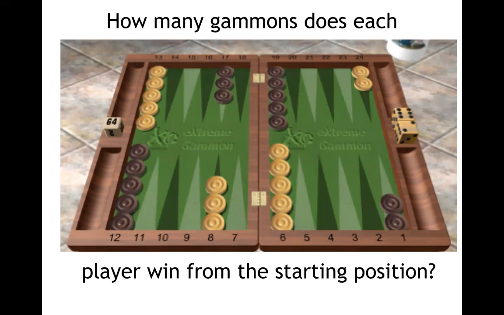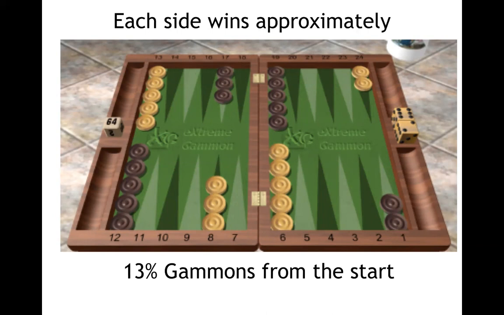Does anyone here have an idea how many gammons each player wins from the starting position? About 14%. Okay, good. Yeah, 13, 14%. It's somewhere between there. That's just a little bit of information.